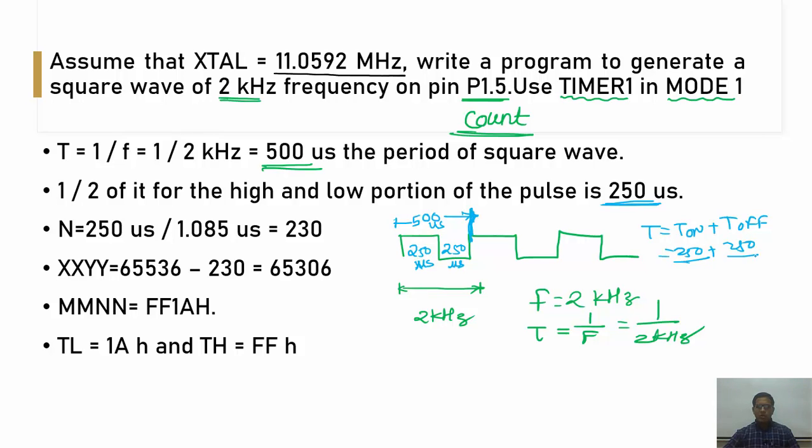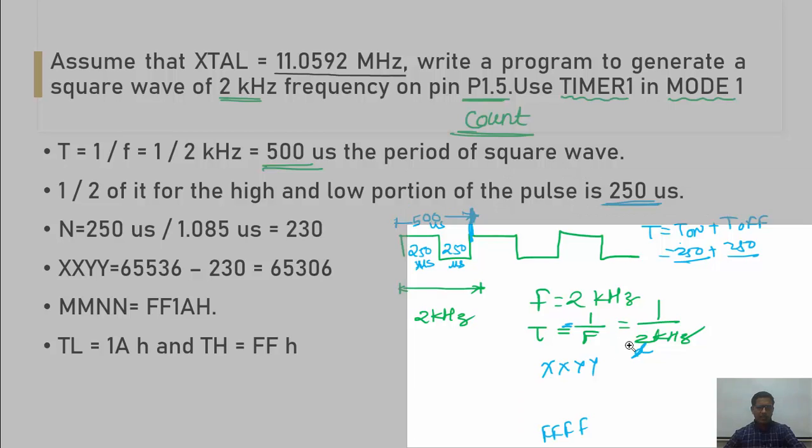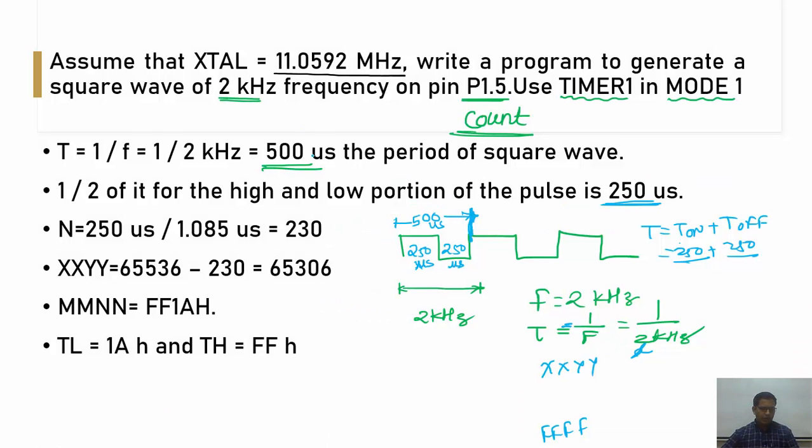I have to design the delay routine in such a way that I find the count value. Suppose the count value is XXYY, and as it is a 16-bit mode, we know that the permissible value is FF. So what mainly does it indicate? Just wait.